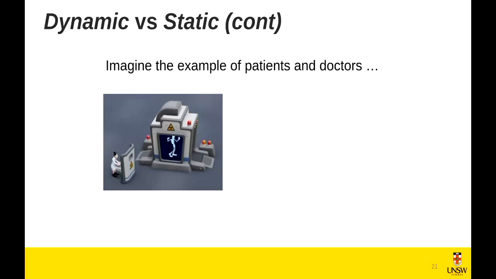We can try to scan the patient, do a scanning and look for some patterns of disease. Similarly in software, given a piece of code or a piece of software binary, we can do a scanning and look for patterns of bugs. So this is the first type of analysis.